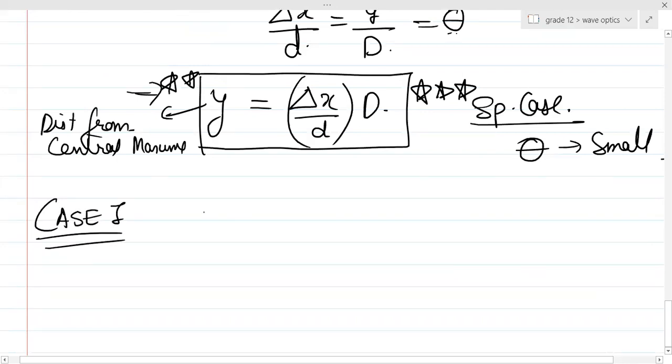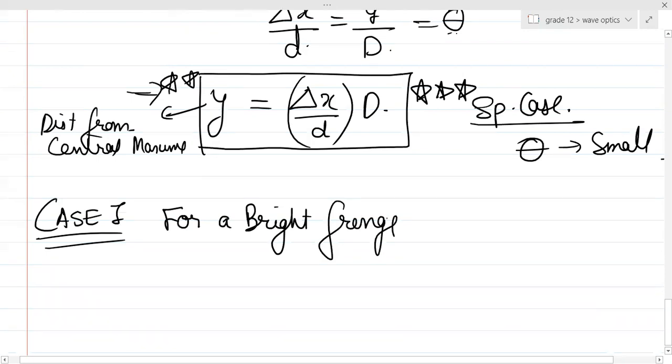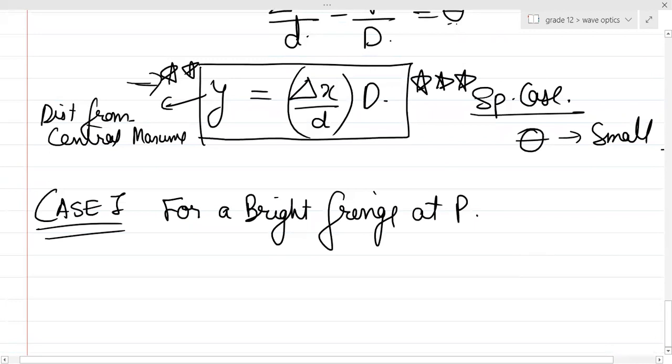If I say for a bright fringe at point P, if you want a bright fringe to form at point P, then can I say this particular thing? For a bright fringe at point P, what shall be the value of delta x?